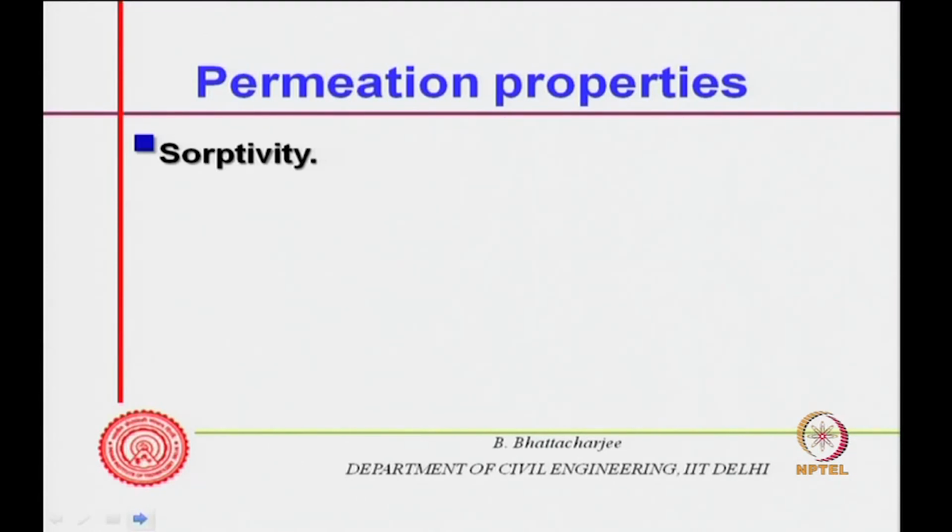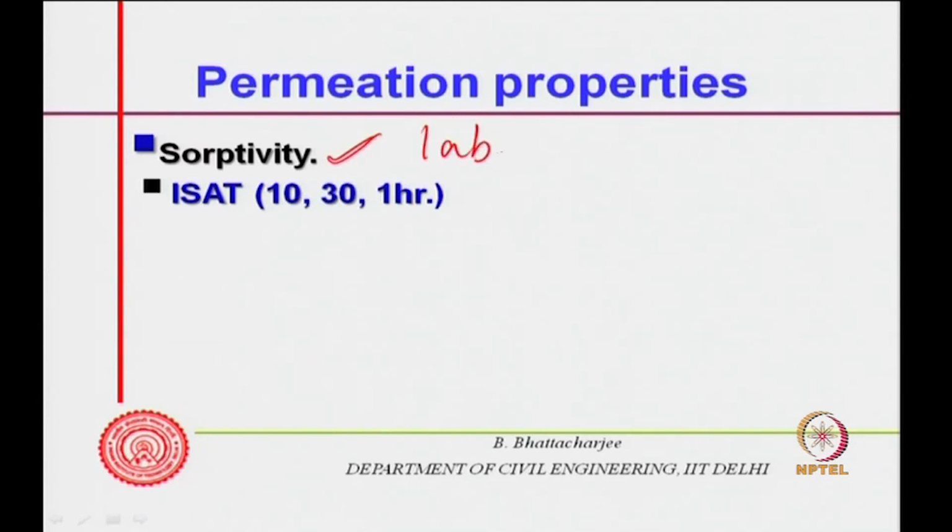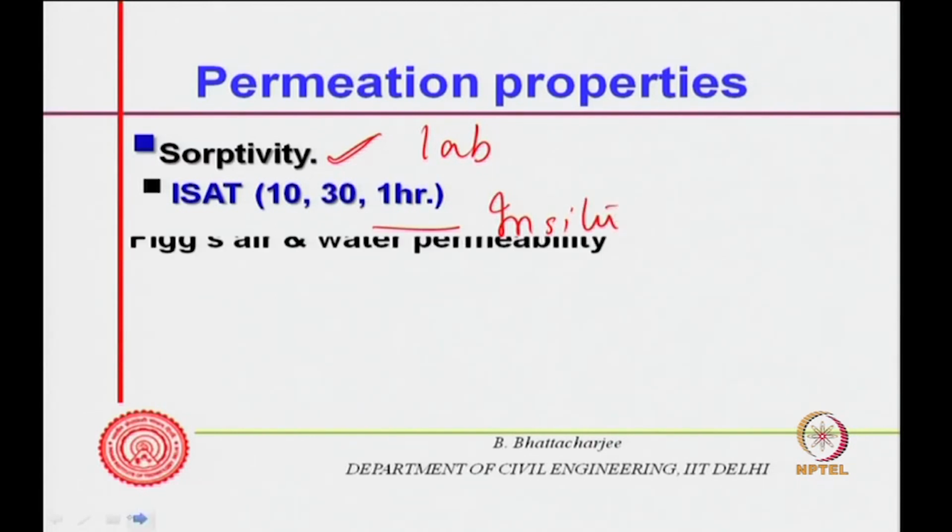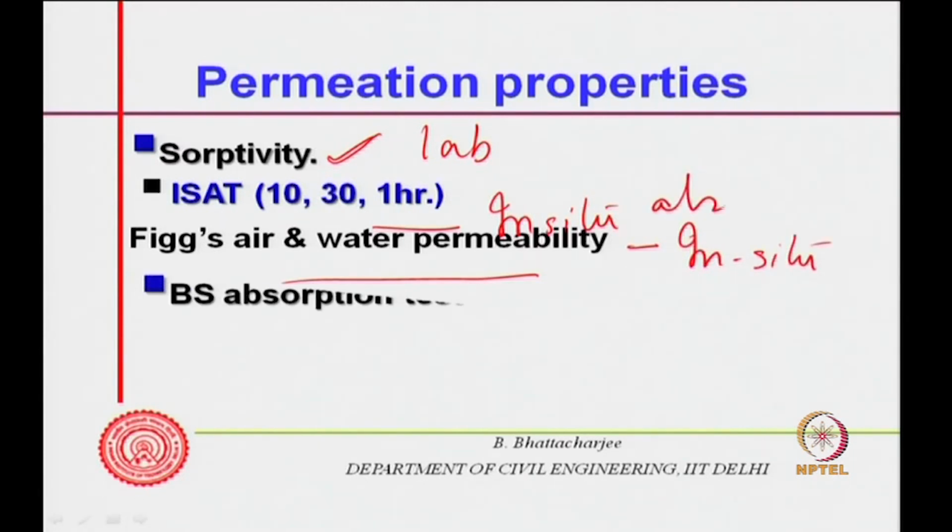So, certain tests have been devised, namely sorptivity is a property, the initial surface absorption test; sorptivity for a laboratory specimen can also be done in situ; air and water permeability in situ as well as in the lab; and also the BS absorption test, where you take a core specimen and do an absorption test.